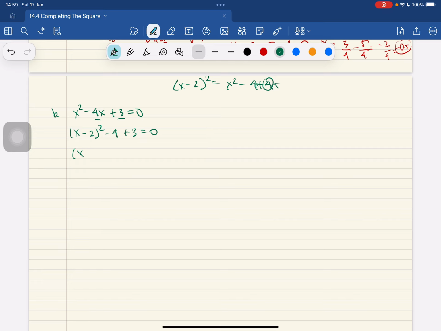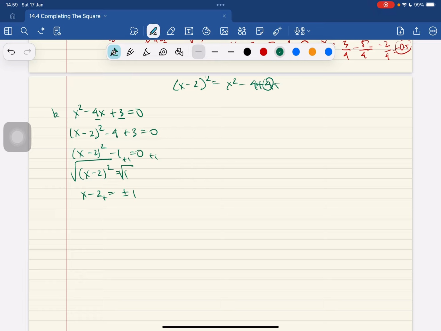So we got x minus 2 squared, minus 4 plus 3 is minus 1, equal to 0. We don't want minus 1 on the left side, so we can plus 1 on both sides. So x minus 2 squared equal to 1. To get rid of the square, we take the square root. So x minus 2 equal to plus minus 1.